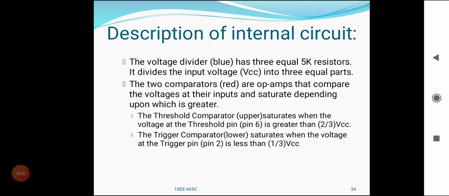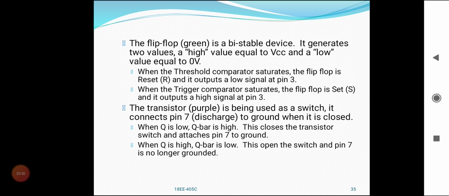The lower trigger comparator saturates when the voltage at trigger pin 2 is less than 1/3 VCC. The flip-flop, in green, is a bistable device. It generates two values, a high value equal to VCC and a low value of 0 volts. When the threshold comparator saturates, the flip-flop is reset and outputs a low signal at pin 3. When the trigger comparator saturates, the flip-flop is set and the output is a high signal at pin 3.